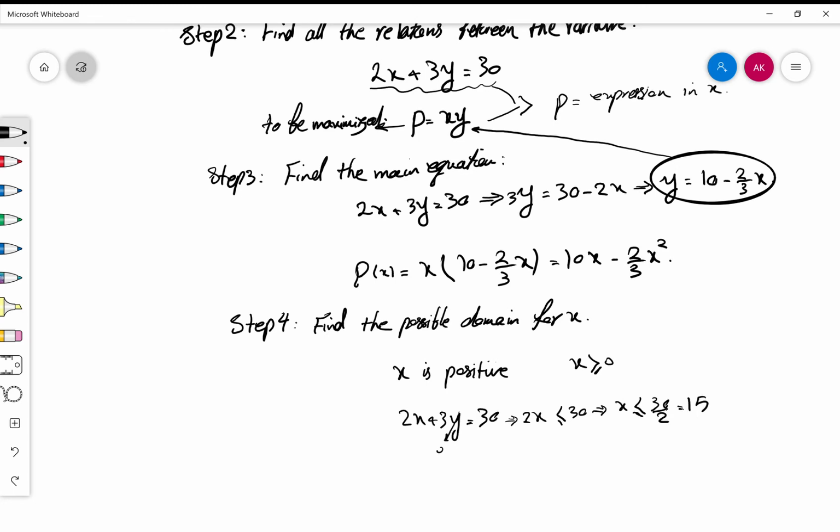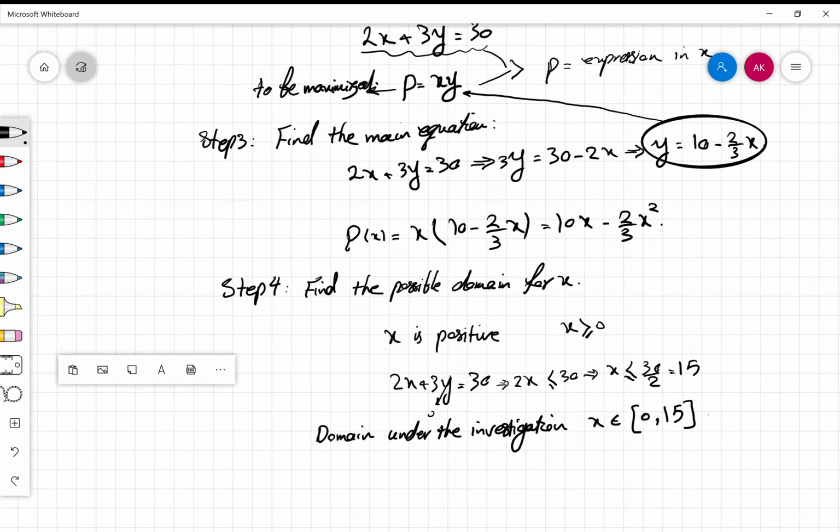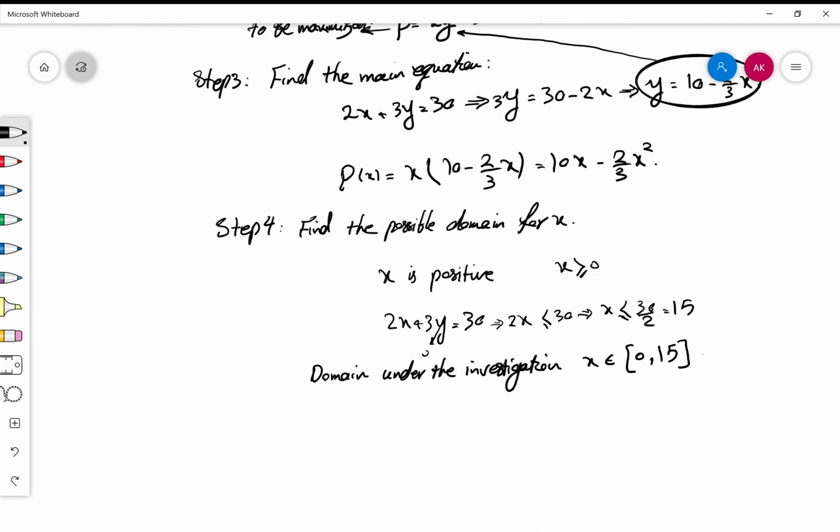So the domain we are working on is x in the interval 0 to 15. Now we are done with the modeling.